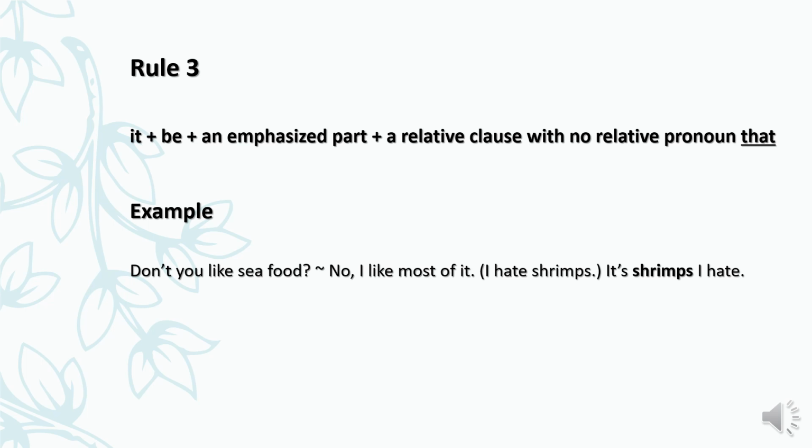So the answer will be, it's shrimps I hate. So we focus attention on the noun shrimps, then we don't put a relative pronoun that, just directly complete the rest of the sentence. It's shrimps I hate.